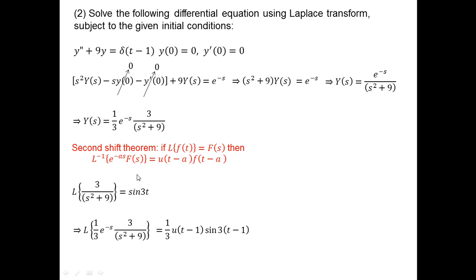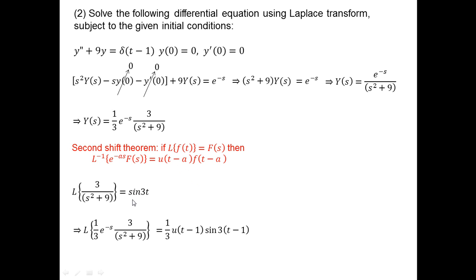So by applying the second shift theorem, I see that the Laplace inverse of this function, the function Y(s), will be 1 over 3 u(t minus 1) sine 3(t minus 1). One thing you need to keep in mind is that because we have the shift here, the t minus a is applied in both u(t minus a) and f(t minus a).